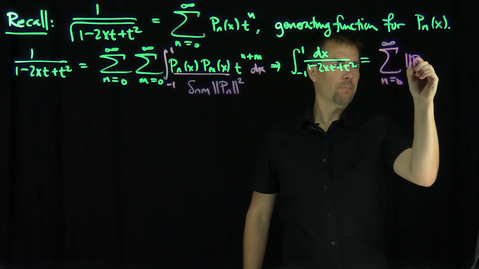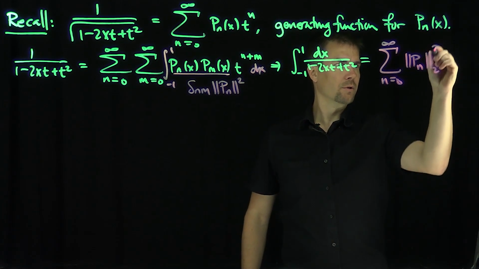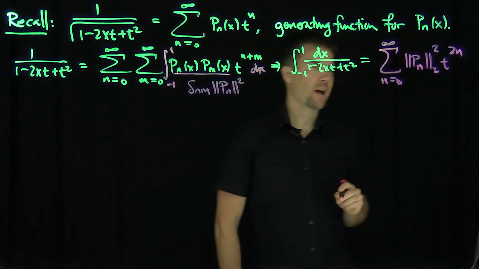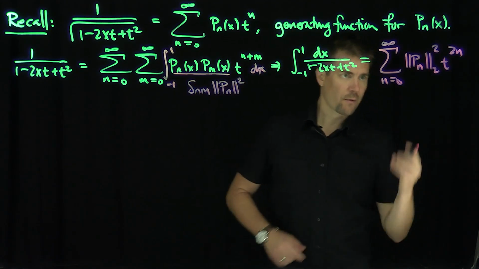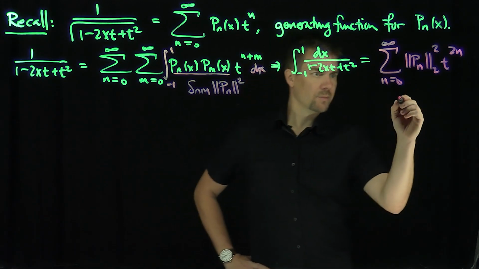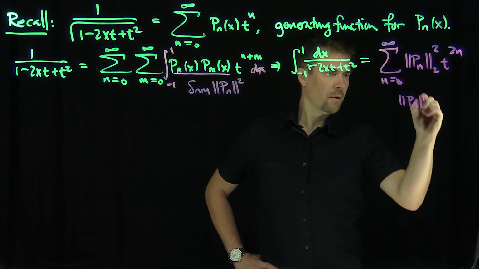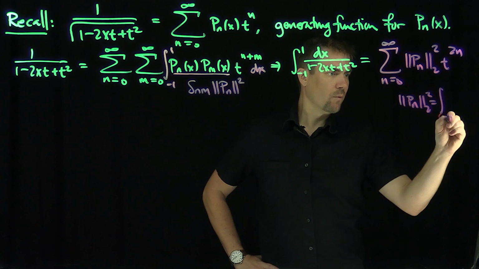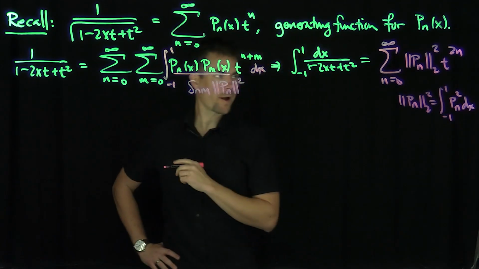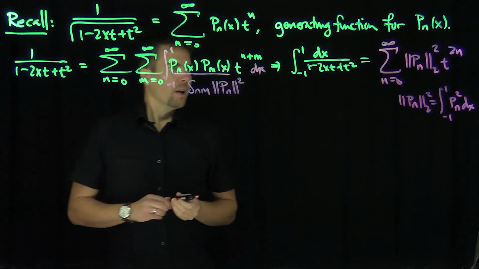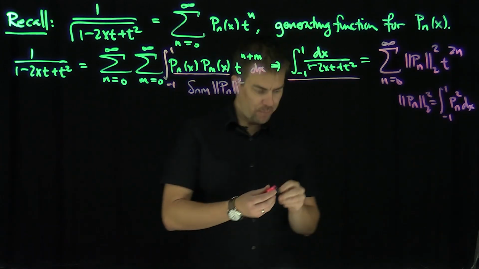The L2 norm of Pn squared, t to the 2n, okay? So now I have an infinite series over here just in terms of the L2 norms. And of course, what are these norms? The norm of Pn squared is just the integral from -1 to 1 of Pn squared dx, like that, okay? Good. And so now I want to figure out this integral over here to compute these things.